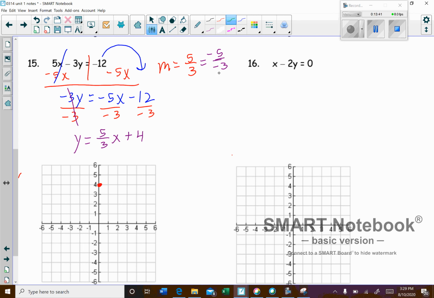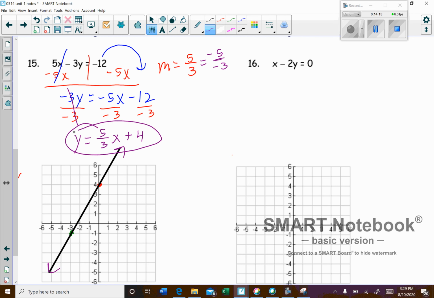So dropping down 1, 2, 3, 4, 5, and going backwards 1, 2, 3. And that puts me right there. And so if I would have gone up 5 and over 3, I'd probably be somewhere over here, right? So they all would line up. So either way, it should work out fine. And like I said, when you're doing your homework, your graph size will be bigger to where you won't have any issues like that. Put our arrows on the end, and that one looks good.